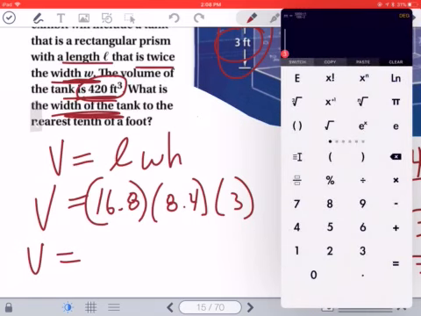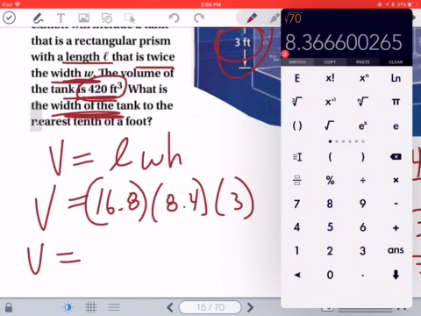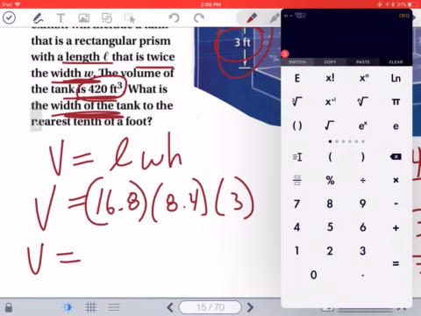So when I type these in my calculator, let's check what I get here. I had the square root of 70 to start. That's about 8.36. And I've got 16.8 times 8.4 times 3. So that's going to give me about 420, 423.